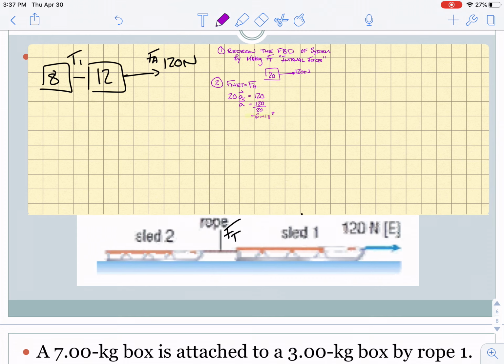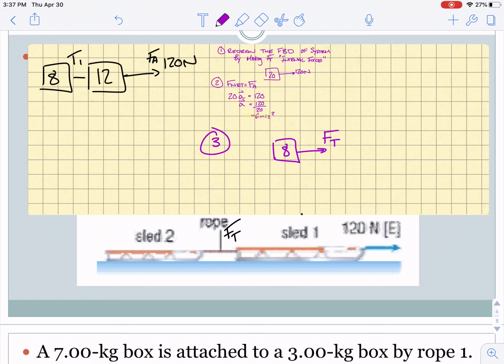So we know that both sleds are accelerating at 6 meters per second squared forward. So now we can look at each individual block. So I'm just going to use sled 2, which is an 8 kilogram block, and that's being pulled by Ft. And so we know that this is accelerating at 6 meters per second squared.